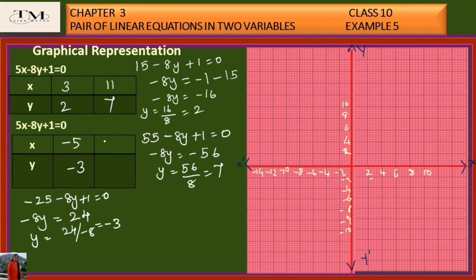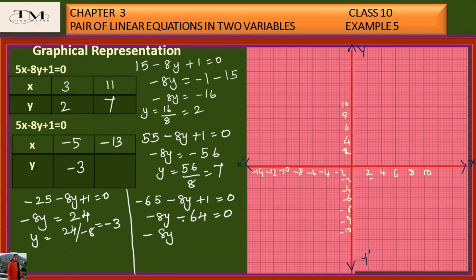Next I am going to take the value minus 13. So when x is equal to minus 13, 5 into minus 13 is minus 65. So minus 65, minus 8y plus 1 equal to 0. So minus 8y, minus 65 plus 1 is minus 64, which is equal to 0.